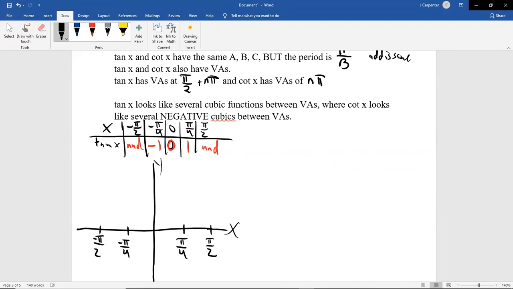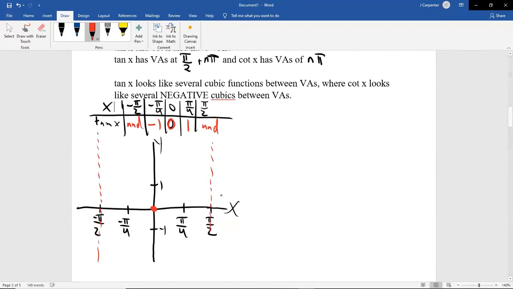Then I have a height of 1 and negative 1 that I need to illustrate. 1, negative 1. But when I go to graph these points, we have that origin is a point, that's the middle one. The first and the fifth were the undefined at negative pi over 2 and pi over 2. I need to scroll down just a touch. Here we go. The negative pi over 4 has a height of -1, which is right here. The pi over 4 has a height of 1, which is right here.